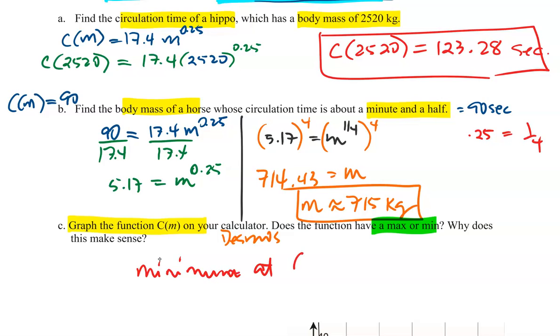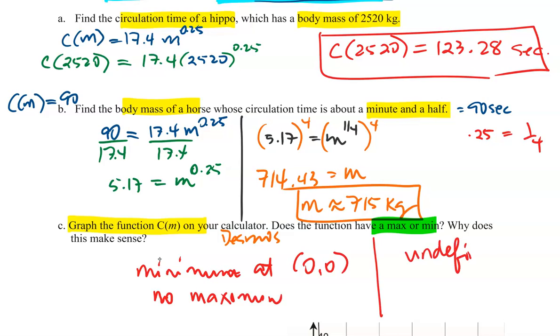Minimum at 0, 0, and there is no maximum. And also, I showed you that it is undefined when m is less than 0.